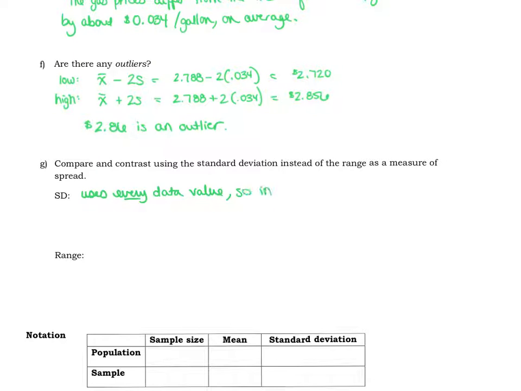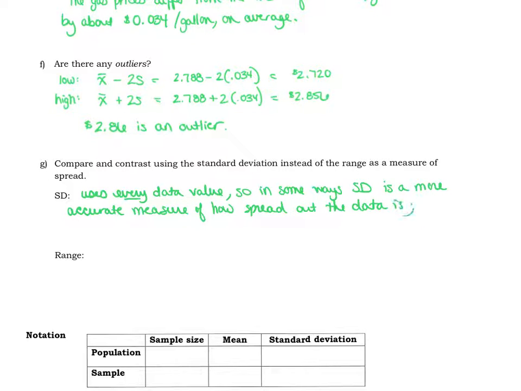So in some ways, standard deviation, which we will abbreviate SD, is a more accurate measure of how spread out the data is. The downside of that is it is a complicated, time-consuming calculation. Takes a while.